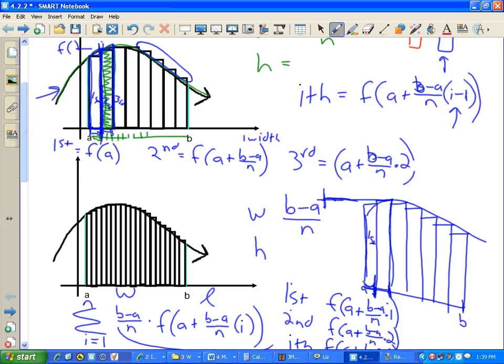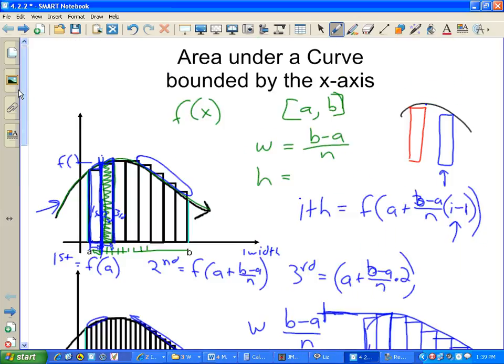These pieces here, I'm missing some area, so it's not the best representation. Down here, I'm a little bit closer, because I've got more rectangles, and I'm overestimating less here, and I'm losing less there.